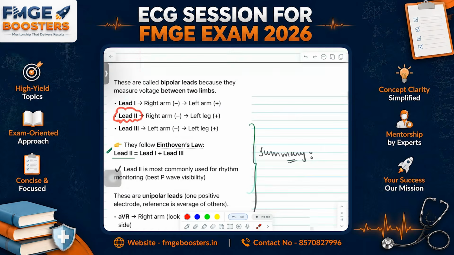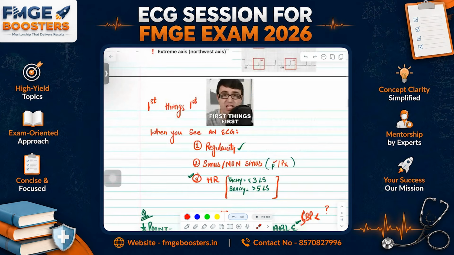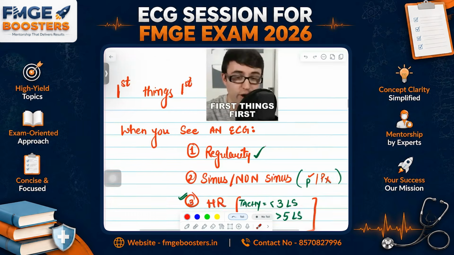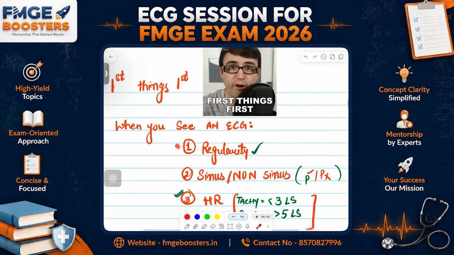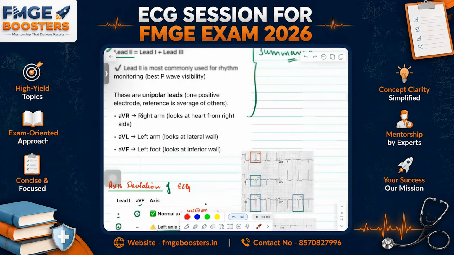Clear everyone? Now, the very first thing in basics: whenever an ECG comes in front of you, there are three things you will see. The first thing is whether it is regular or irregular. How do we know if it is regular or irregular?